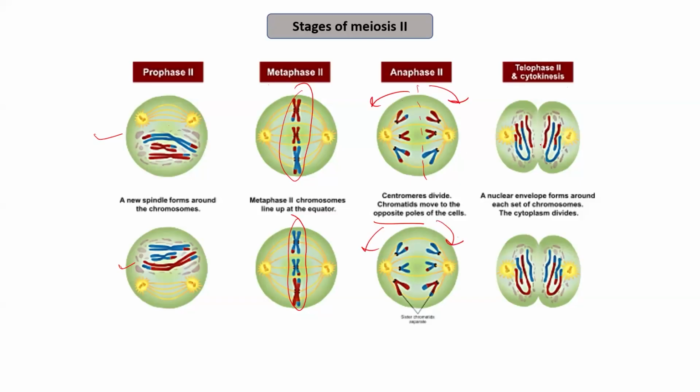So in telophase 2 and cytokinesis, finally a nuclear envelope forms around each set of chromosomes, and the cytoplasm divides, resulting in 4 haploid cells.